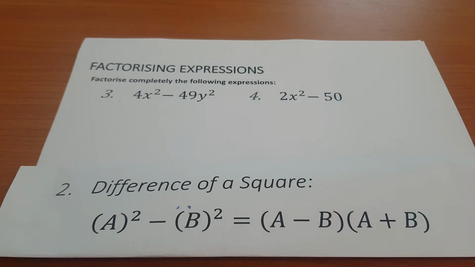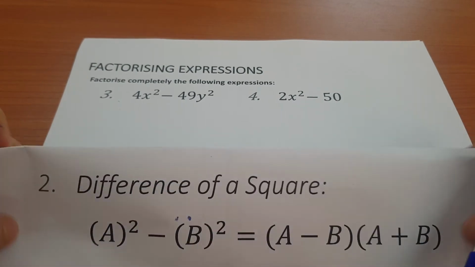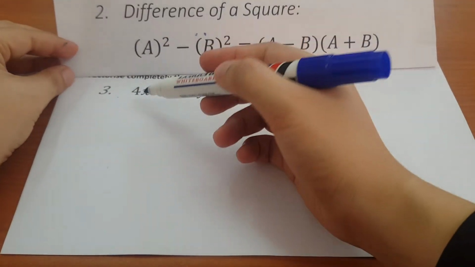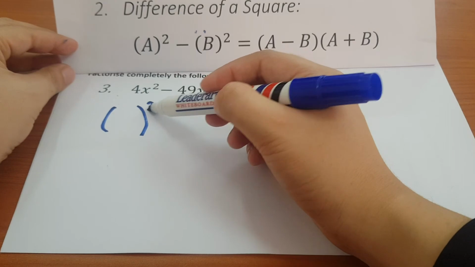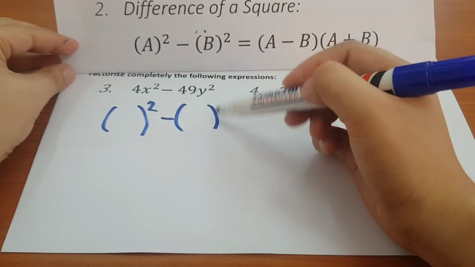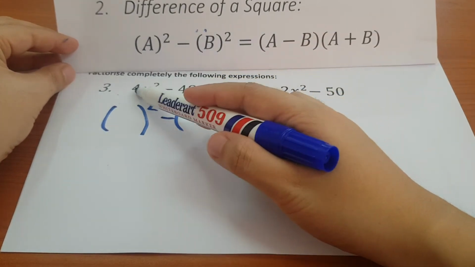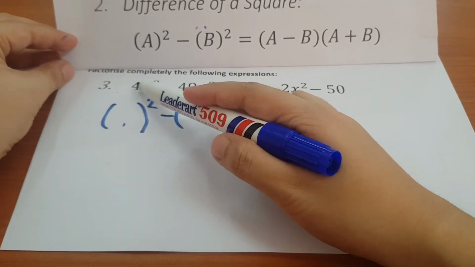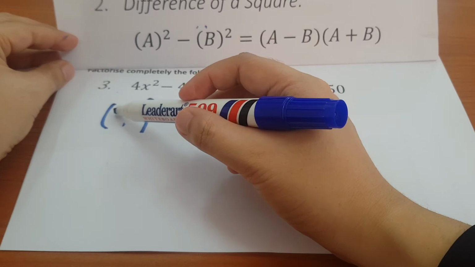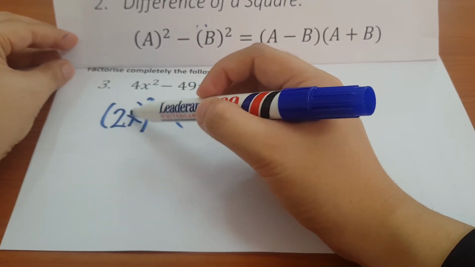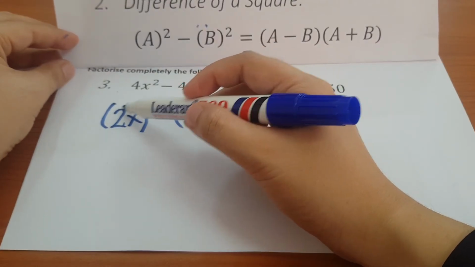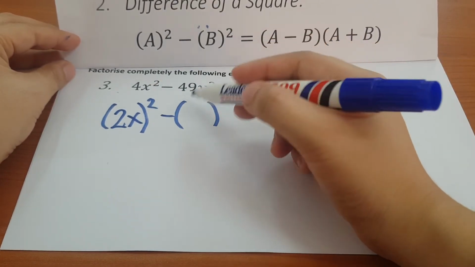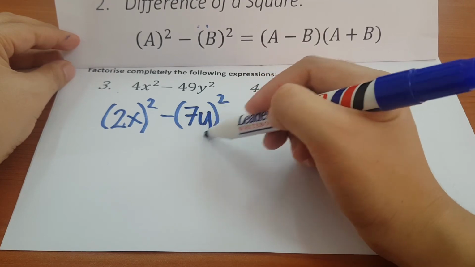First, we have to rewrite this as a square minus a square. What should we put here so that it will be equivalent to this? That means 2x. 2x squared is 4x squared. And 49y squared, so this will be 7y.